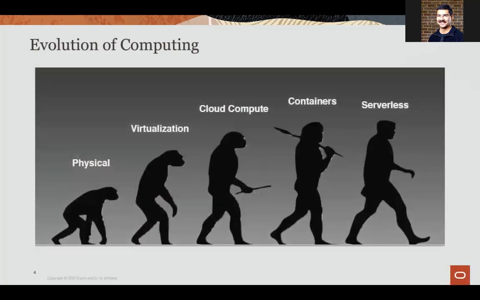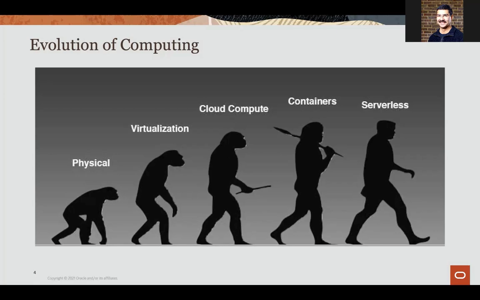So if you look at the early days of computing, applications were built and run on physical servers. After that, we saw the emergence of virtualization and started seeing a consolidation of servers and better utilization of resources.